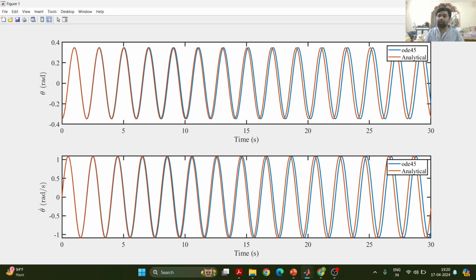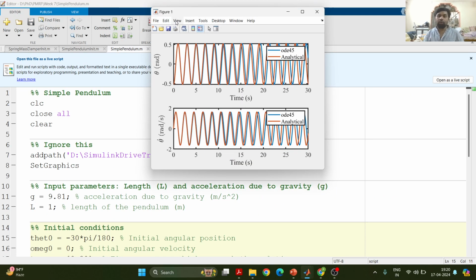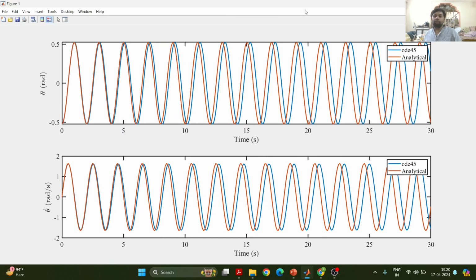As we go on increasing the initial angle, we see that the deviation between the numerical and analytical solutions becomes significantly greater. The numerical solution is more accurate here than the analytical one, because it does not assume any small angle approximation.